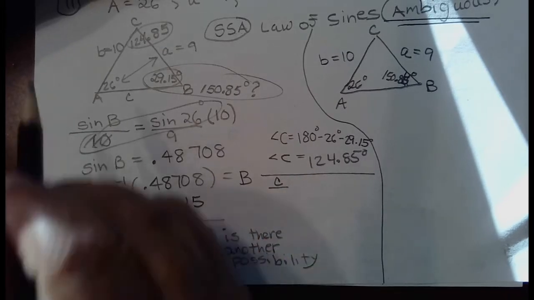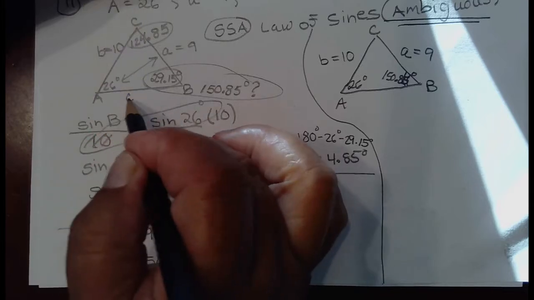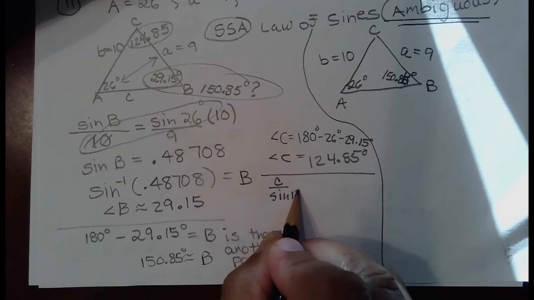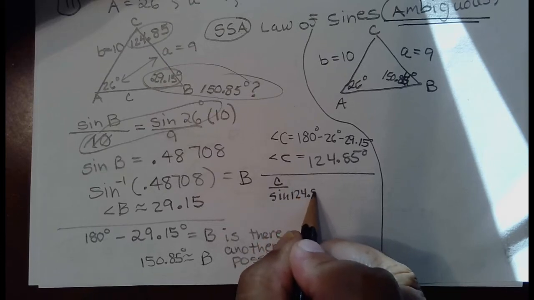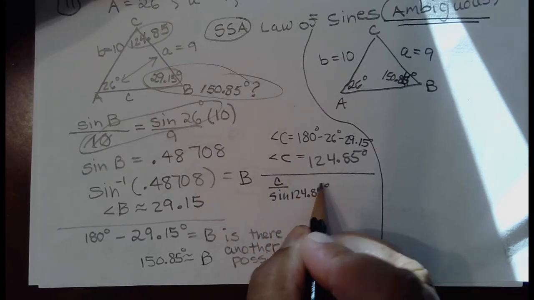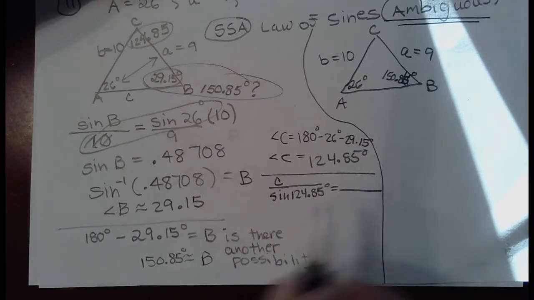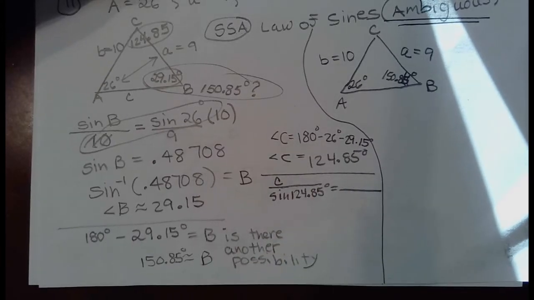And then I'll do one other fraction, and I can use any information I want. I can use the B pair, I can use the A pair. I'm going to use the A pair. Just going to go sine of 26, and the side that's across from that is a 9.